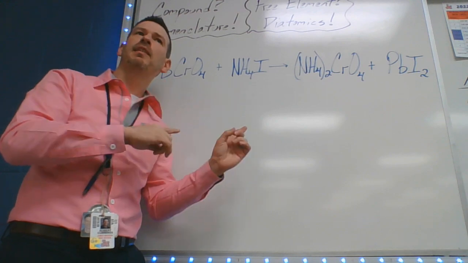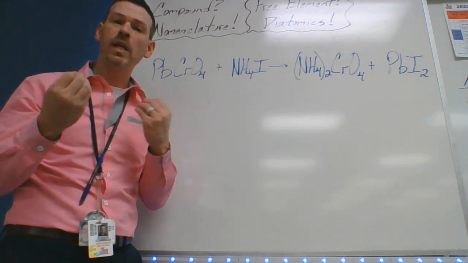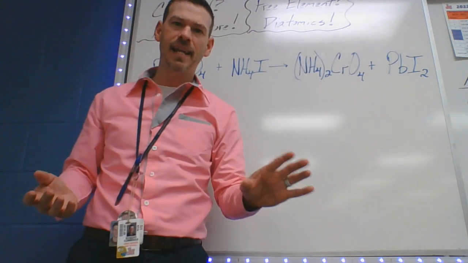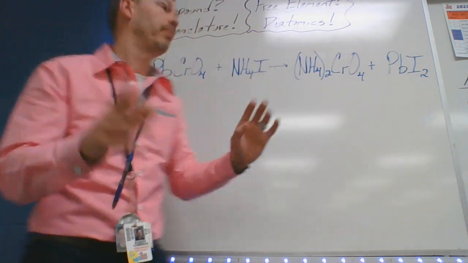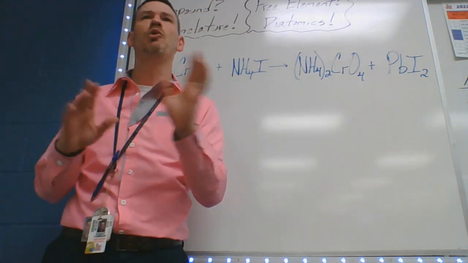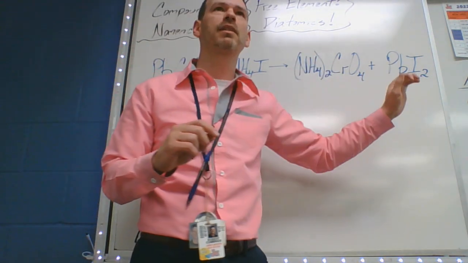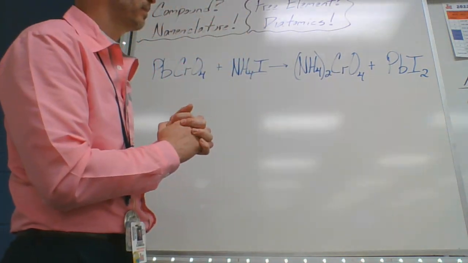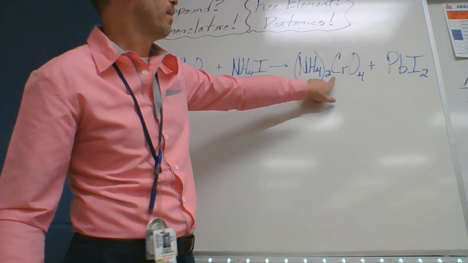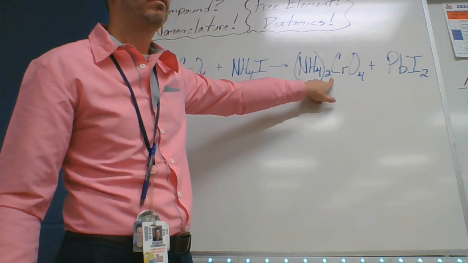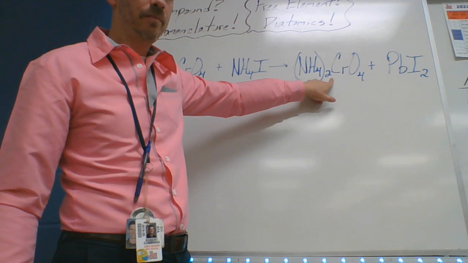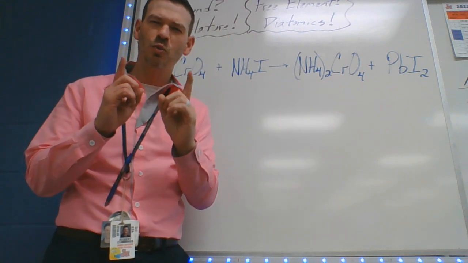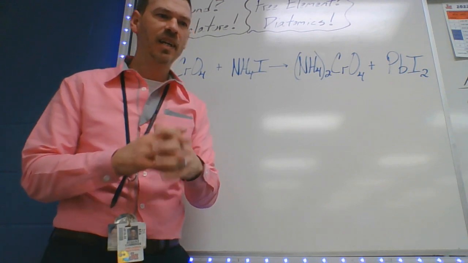Since it's double replacement, precipitation, we must check solubilities, all right? That's what the step is called. Label S's and AQs. Now remember, it's only the products that we're labeling. You don't have to label S's and AQs for the reactants, just the products. We want to see who is the precipitant. So here we go. Look at this compound. Now, you're going to run into the first time that you have 2 rules disagree with each other here.